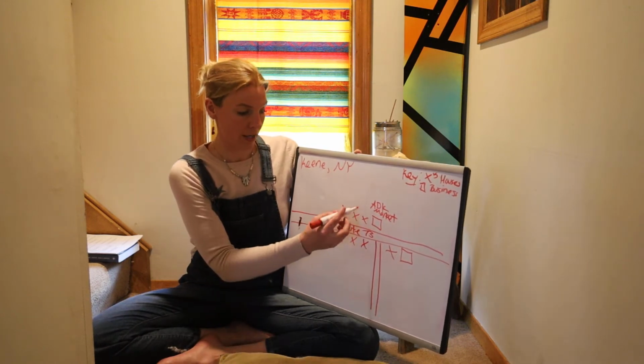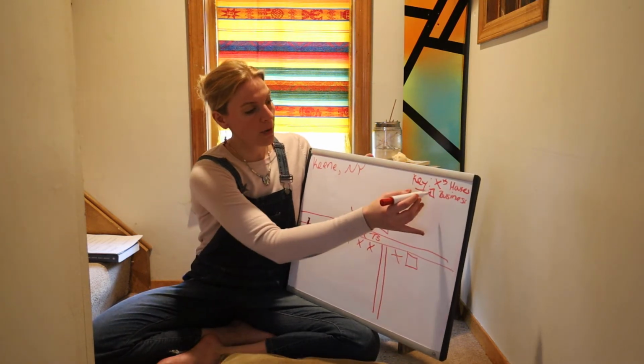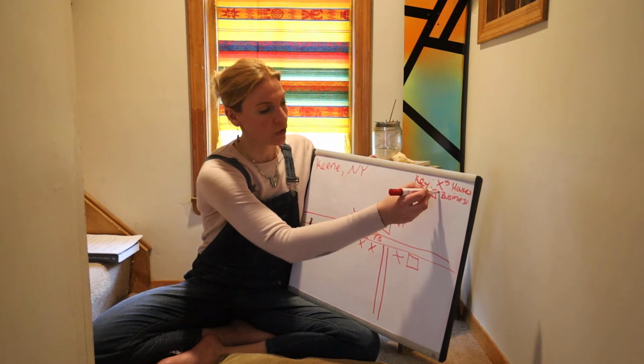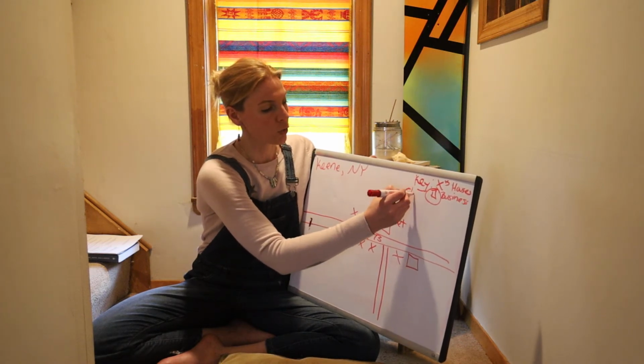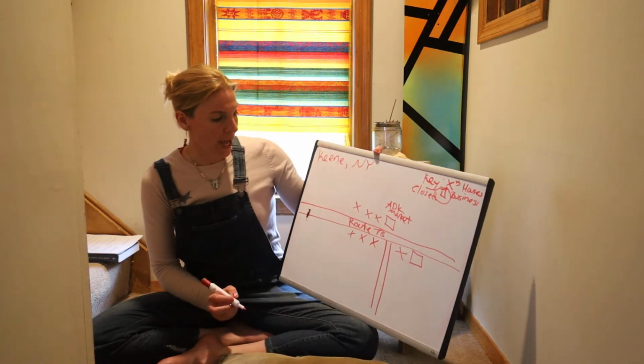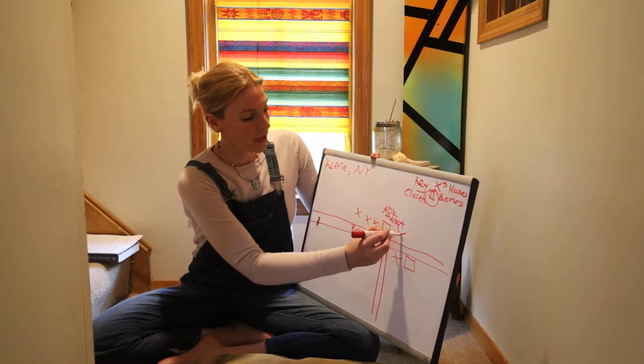They are closed right now, okay? So I might want to add to my key that if I circle something, it means closed at the moment, okay? I'm going to keep going down the road.